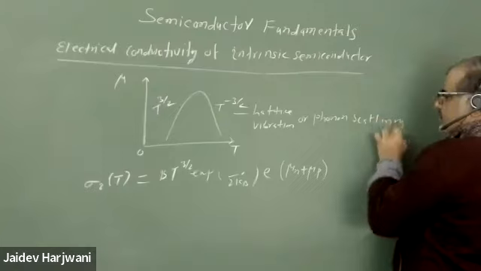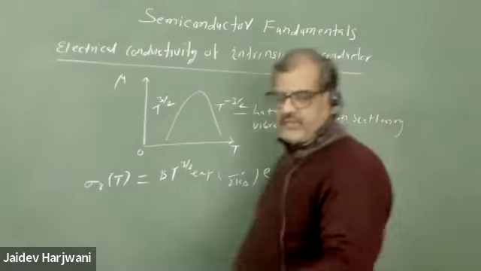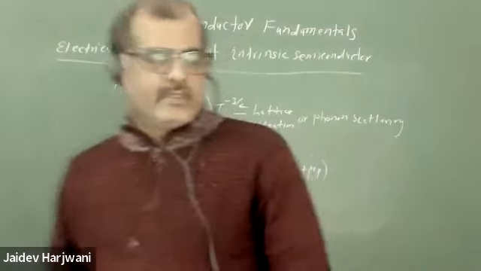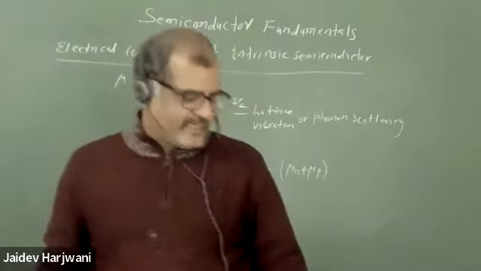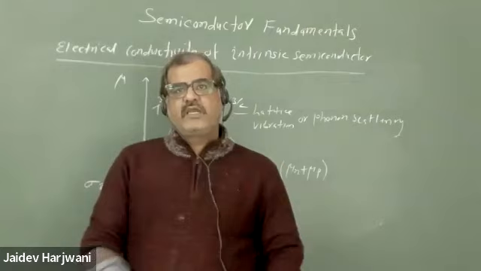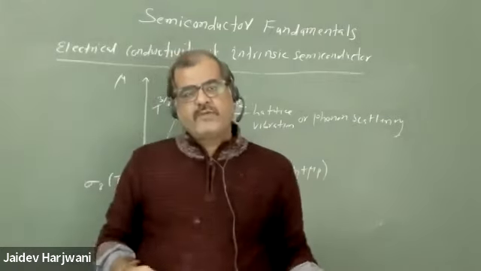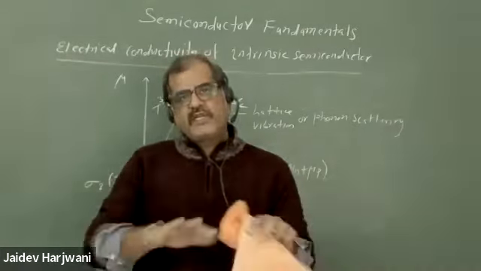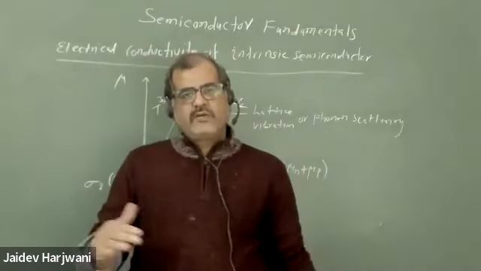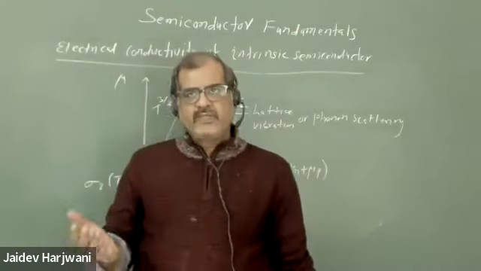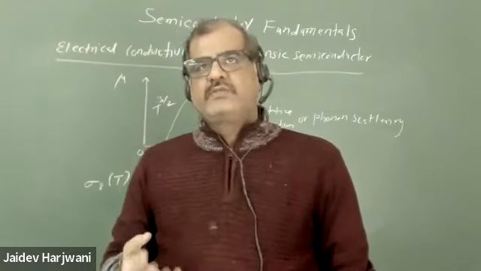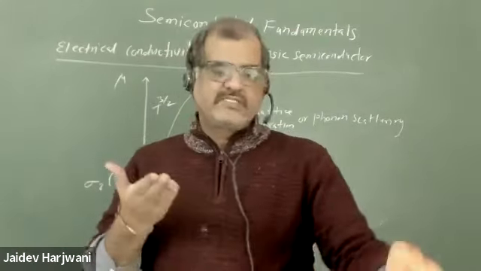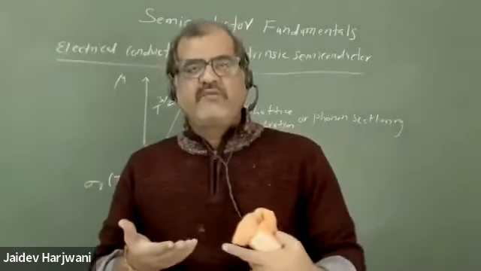When your electron is moving in the system and you increase the temperature, the lattice vibration amplitude increases, so your conductivity should decrease because now you have more scattering. High lattice vibration amplitude means there is a higher probability of scattering of the electron.